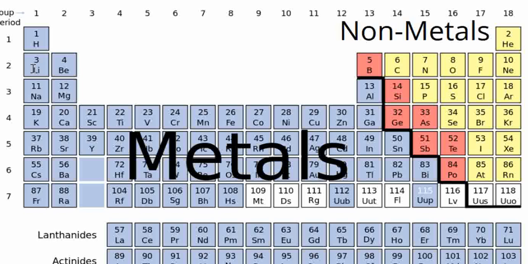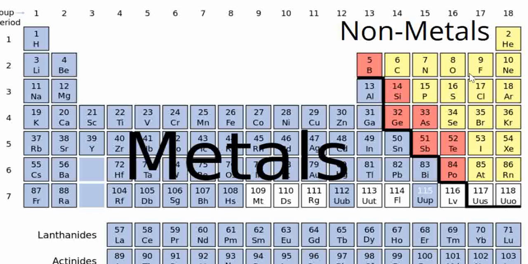For all elements here, Li, Na, K, they all have the charge of +1. For group 2, Mg, Ca, the charge is +2, and in group 3, like Al, you will have the charge of +3.